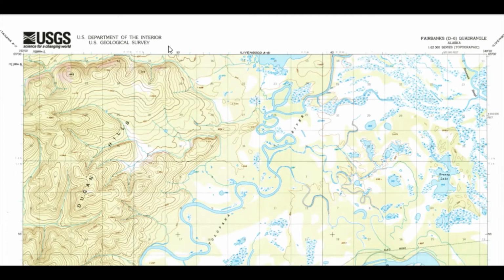The USGS is a government organization that produces a large number of maps for us all across the United States, topographic and otherwise, okay? As you can see, if you look over here in the right corner, this particular map is from Fairbanks, Alaska. All right, so yours is from Utica, New York. This one that we're looking at today is Fairbanks, Alaska.